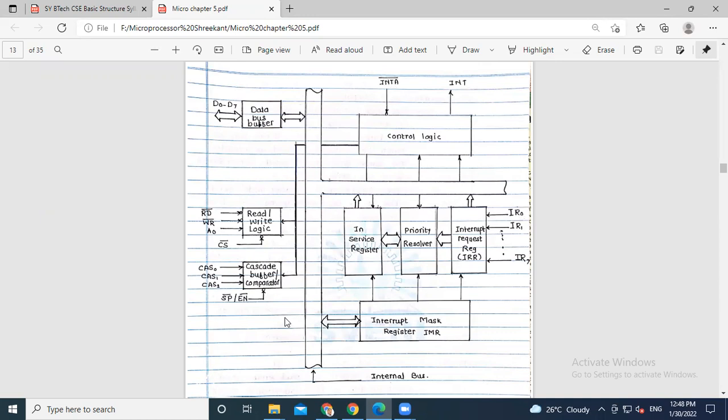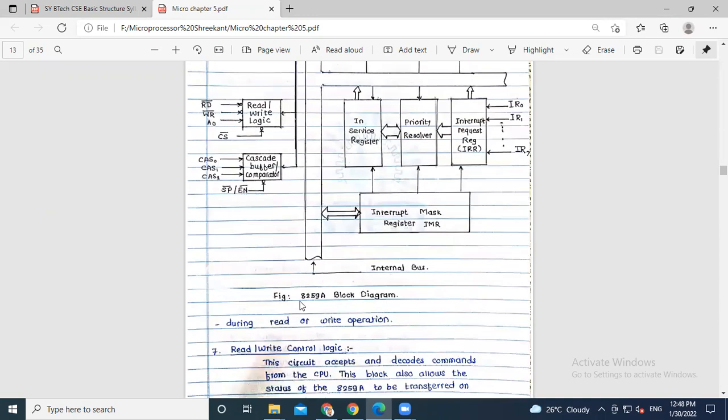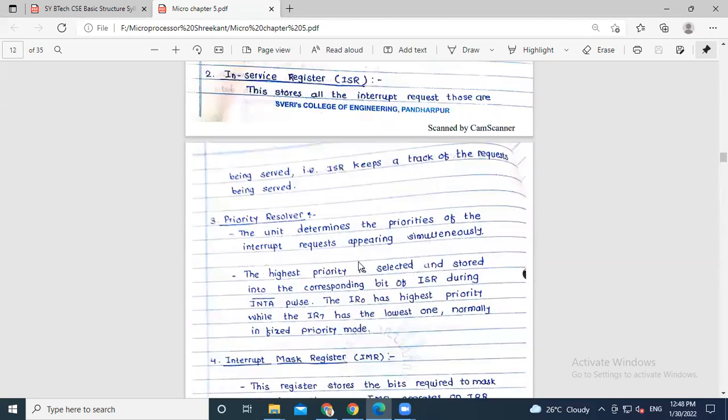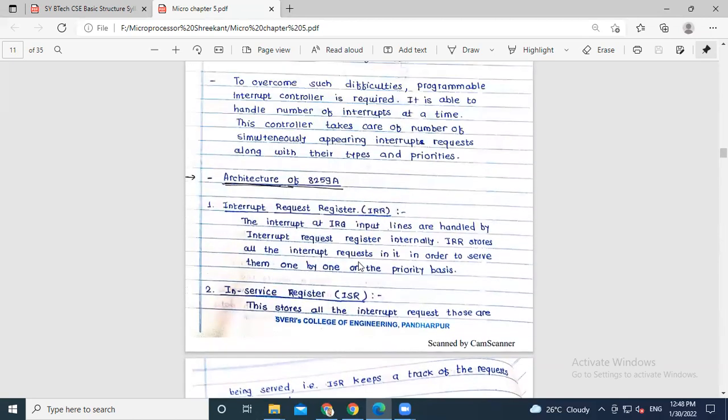We say 8259 block diagram, or we call it architecture.